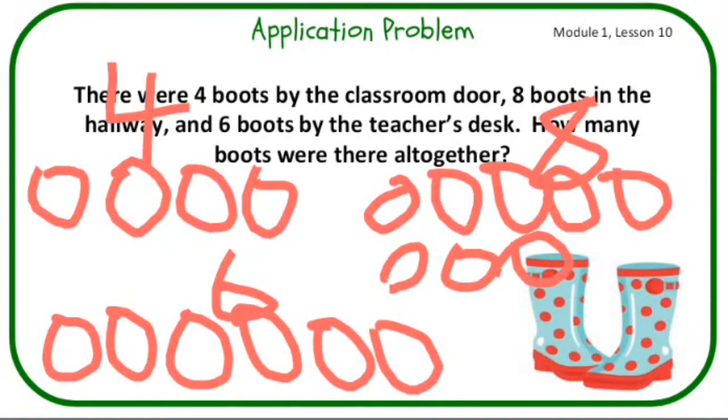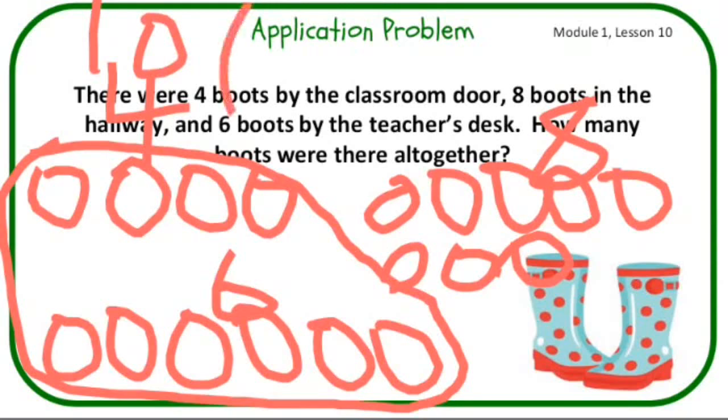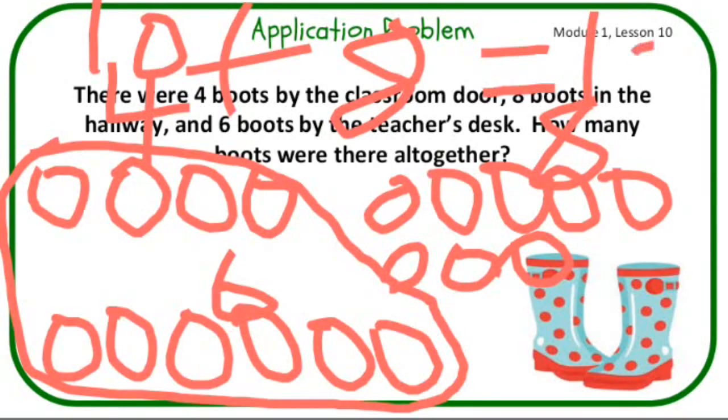By the partners of 10 that we know that 4 and 6 make 10. So I'll circle my 4 and my 6 to make 10. So I have my 10 plus, what's left outside? 8. So 10 plus 8 equals to what? 18, because 10, 8 is 18.